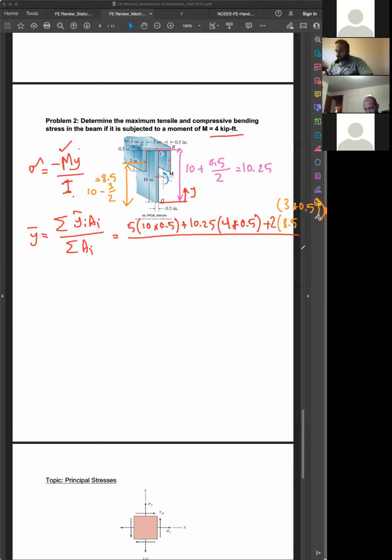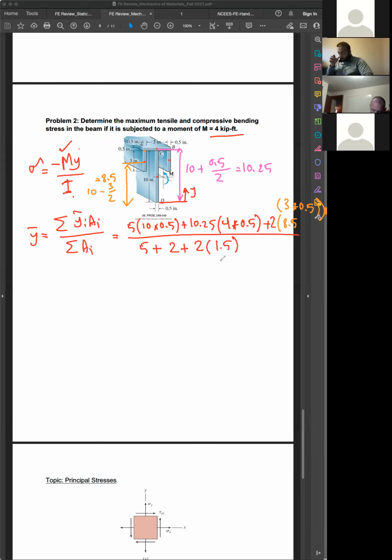All right, over the summation of areas. What is the summation of areas? It would be 10 times half, which is basically 5 for the bottom one. For that top one, it would be 3 plus half and half, which is 4, times half, which is 2. Plus you have two of these areas, each 3 times half, which would be 1.5.